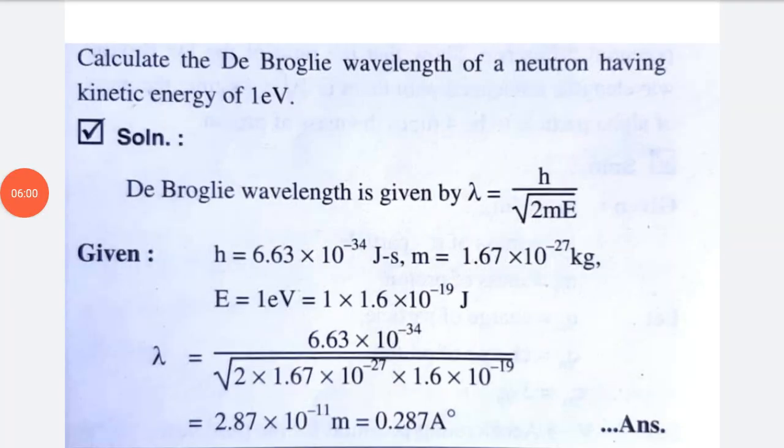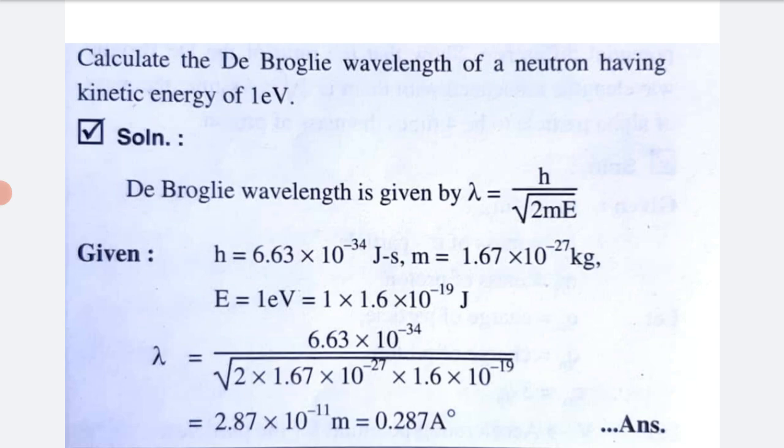Next example, calculate the de Broglie wavelength of a neutron having kinetic energy of 1 electron volt. The de Broglie wavelength is given by lambda is equal to h upon under root 2mE.